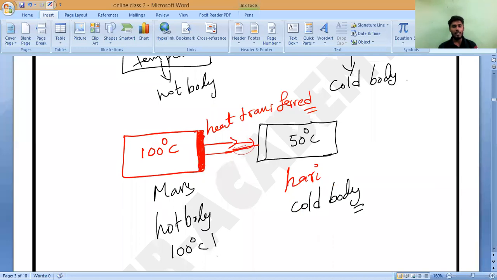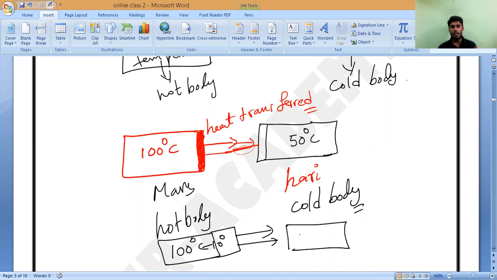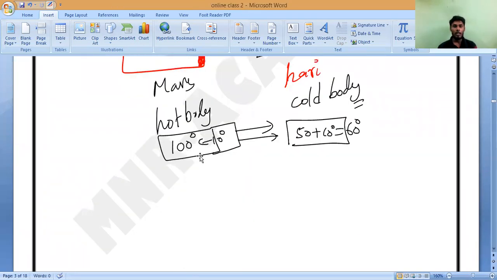Mari transferred 10 degrees Celsius to Hari, meaning minus 10 degrees for Mari. So what is the temperature of Hari now? 60 degrees Celsius, sir, and my temperature is 90 degrees Celsius, sir. When Hari comes in contact with you, your temperature falls to 90 degrees. Correct? Temperature of Hari is 60 degrees now.